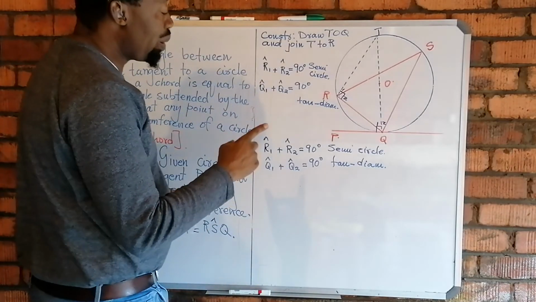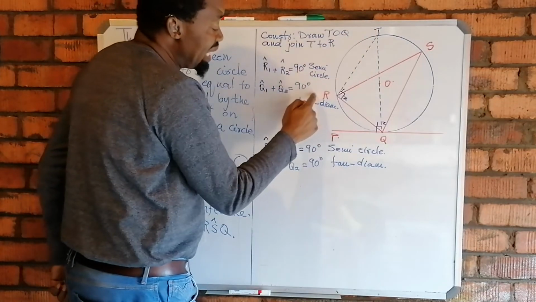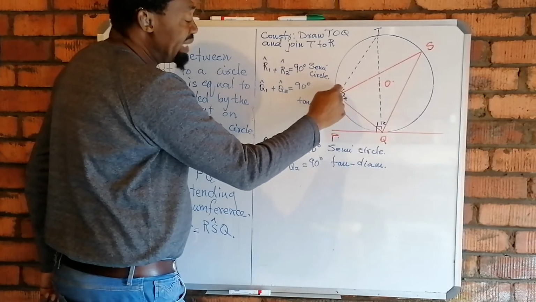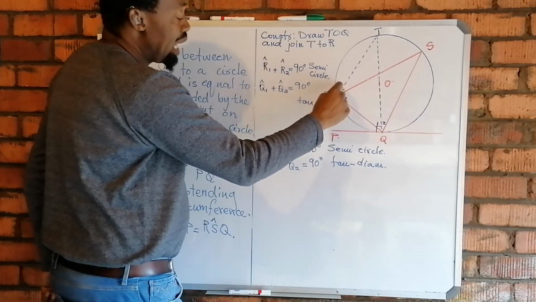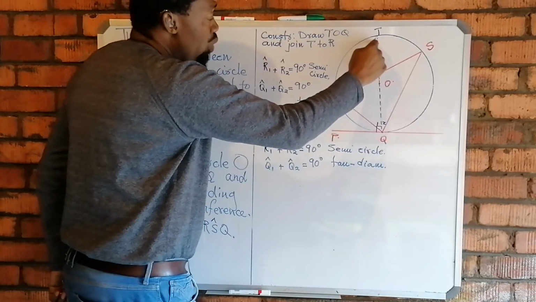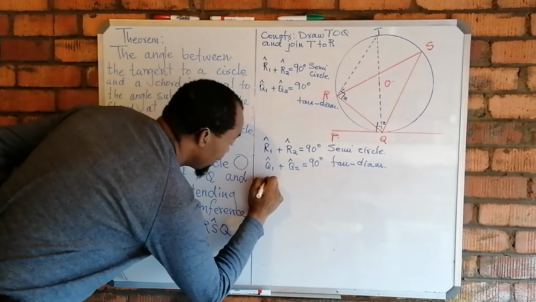Now, from here, look at this now. In triangle TRQ, that angle is 90 degrees. Now, if this angle is 90 degrees, what do we know about angle T and angle Q1?